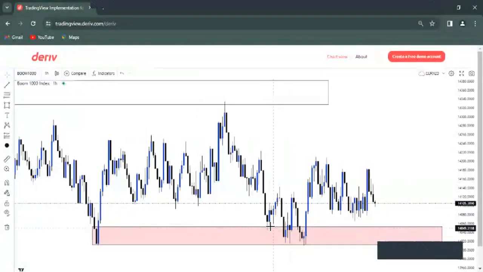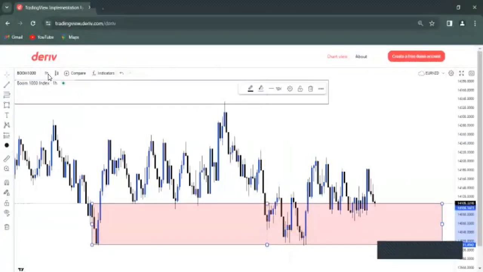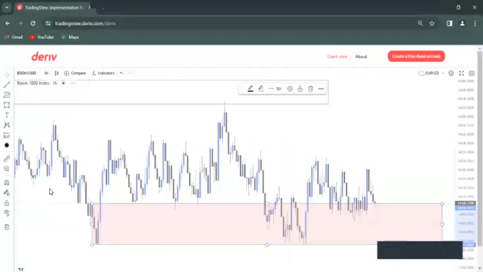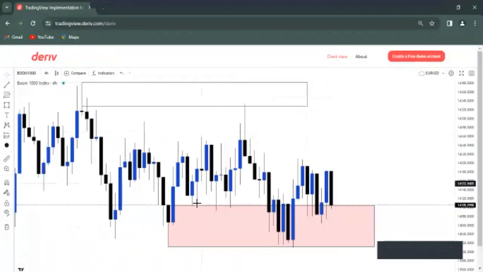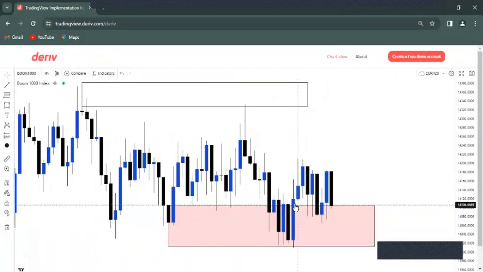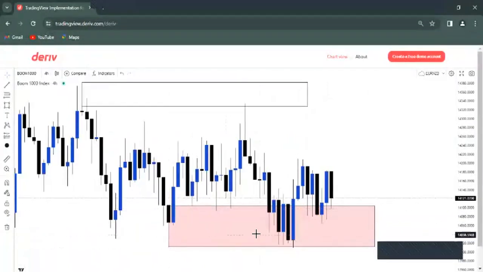It creates big movements. Let me go back to the 4 hour time frame and show you. We are here on a 4 hour time frame. With supply and demand, you are going to catch very small movements in the market compared to when you refine it to an order block. So let me say you have your demand zone here, right? And you buy from here.